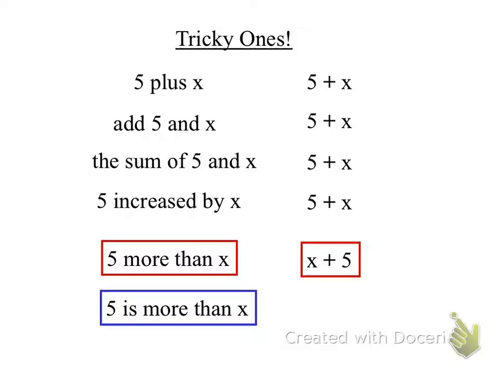So how is it going to translate? 5 is greater than X. So when you have is and more than, it's the greater than or the less than sign, the inequality. Is more than signifies a result that is an unbalanced statement. Does that make sense? Okay. So that's going to be very important.